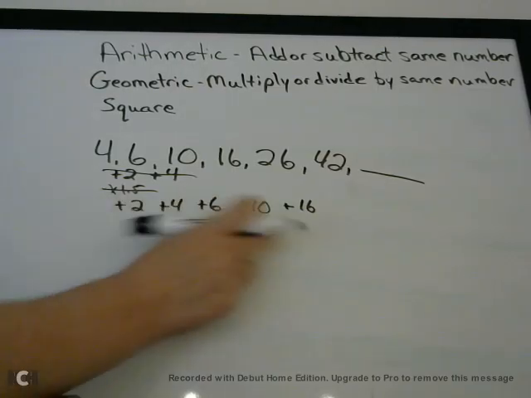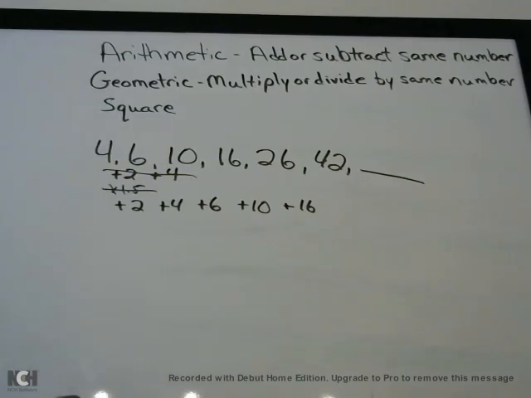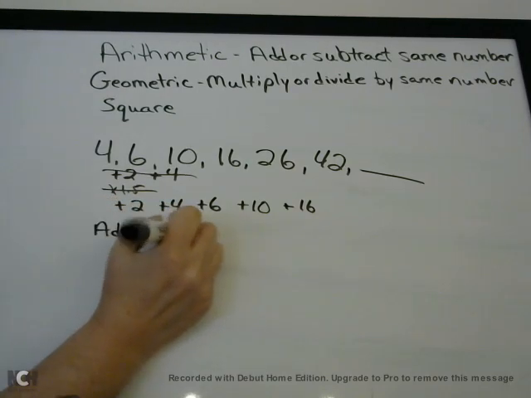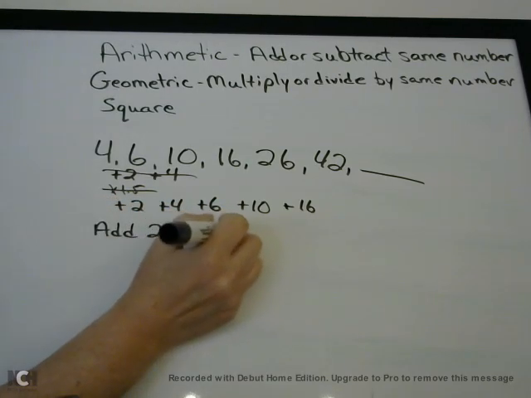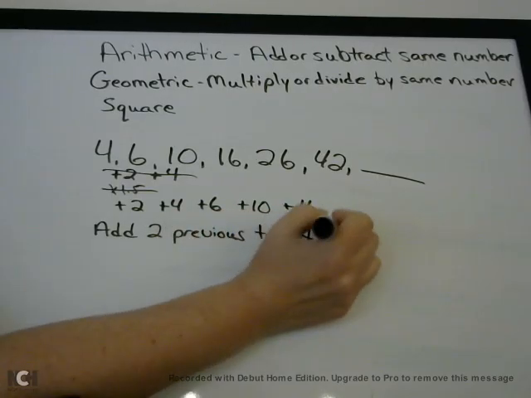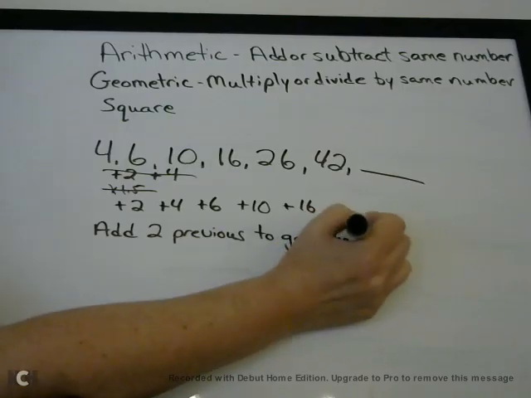If you run into something that you just completely can't figure out, one thing to think about is how they're getting this: they are adding the 2 previous numbers to get the third number.